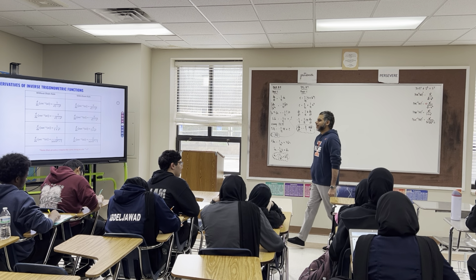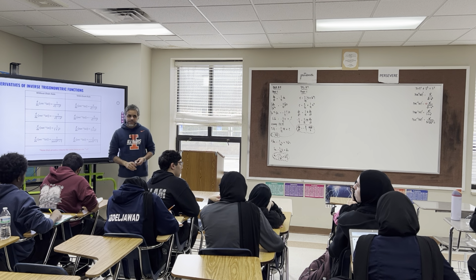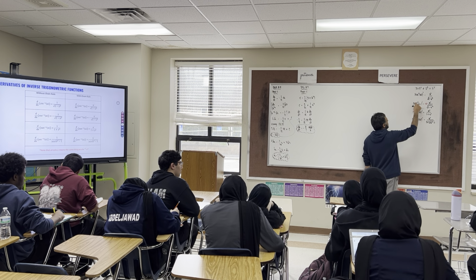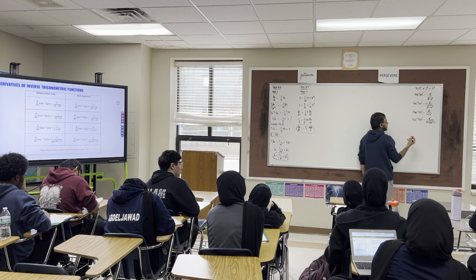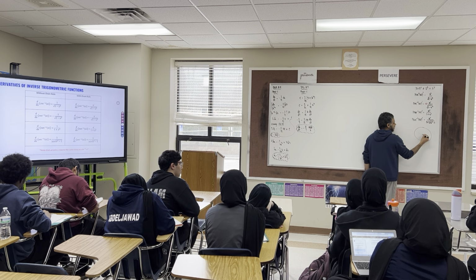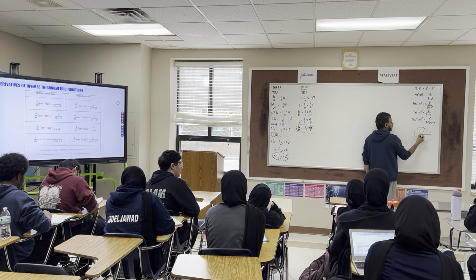Okay. Now, the word arc sin is the same thing as any one of these over here. So arctan, arc cosine, arc sin, arc secant. Basically, the idea is that an inverse gives you an angle, okay?